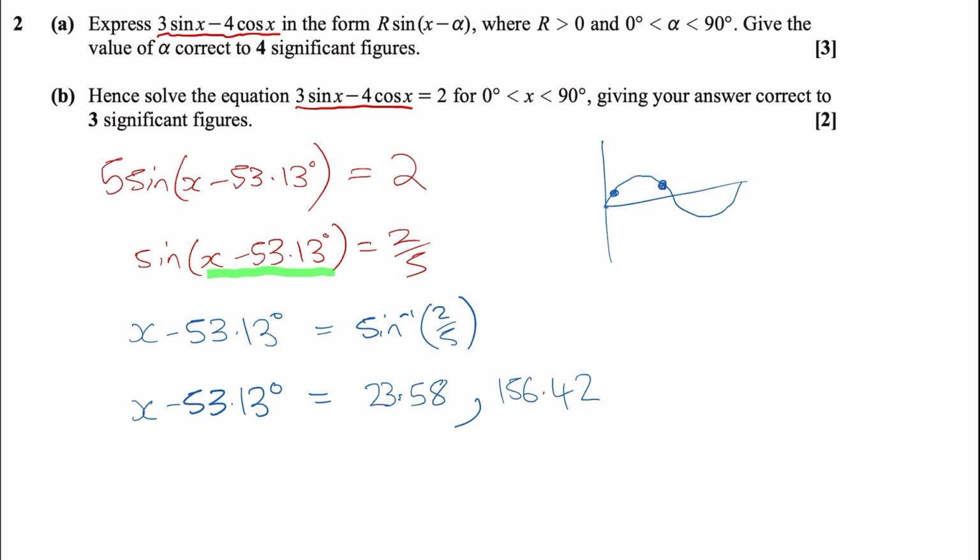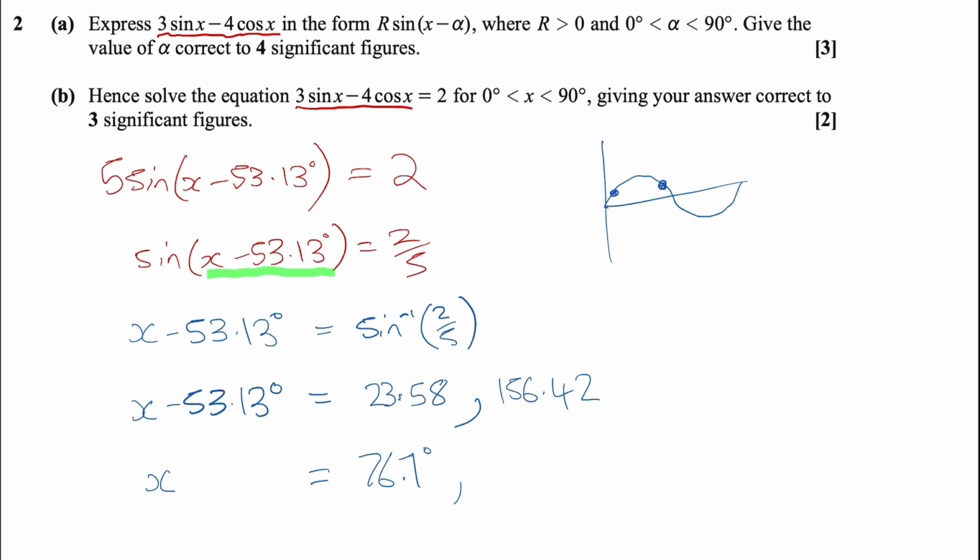Okay, so now to get x on its own, I need to add 53.13 to each of these. So let's see what that gives us. So we've got 23.58 plus 53.13. So my first solution is going to be 76.7 to 3 significant figures.